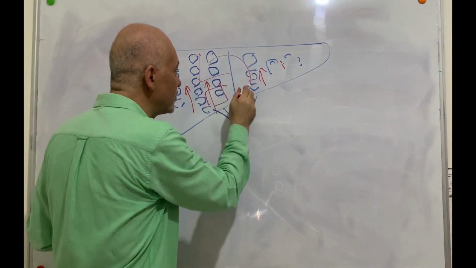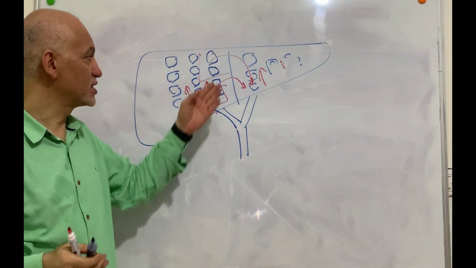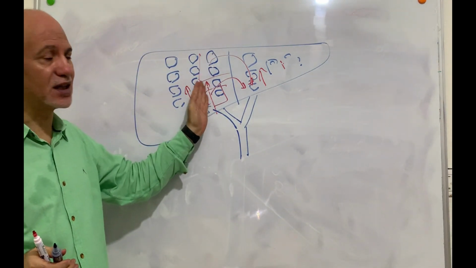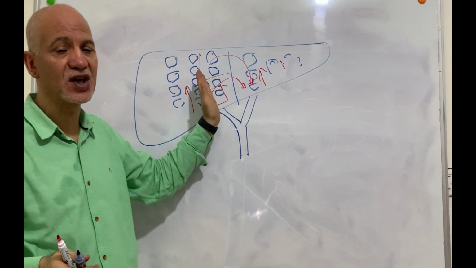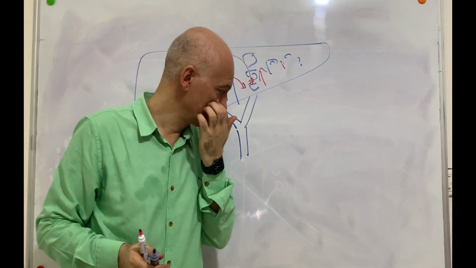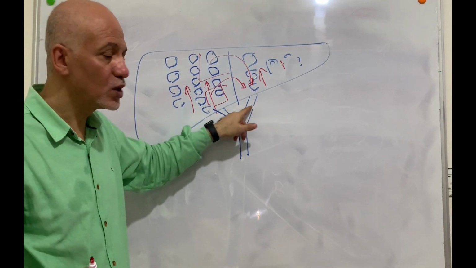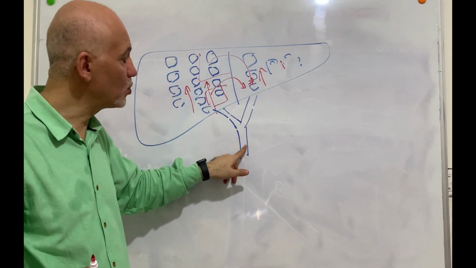The bile of the caudate and quadrate lobes drains with the left lobe. So functionally the caudate and quadrate lobes are related to the left. So the two hepatic ducts form the common hepatic duct.